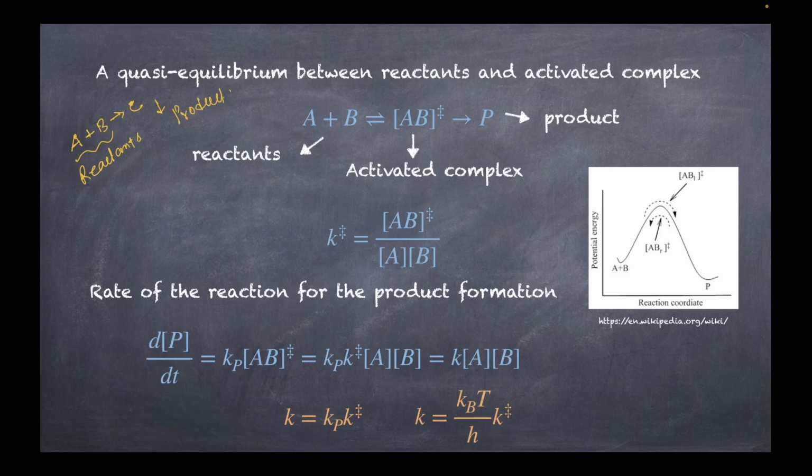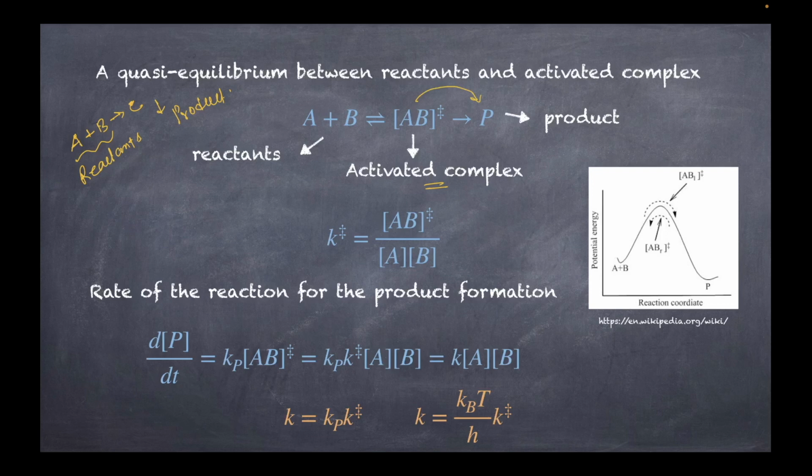And in transition state theory, we actually assume that the reactant molecules, that means A and B, will react to form an activated complex, what we call transition state, and then this activated complex transforms into product. So first A and B will react to form AB double dagger, which is the activated complex, and then this activated complex will transform to product P.